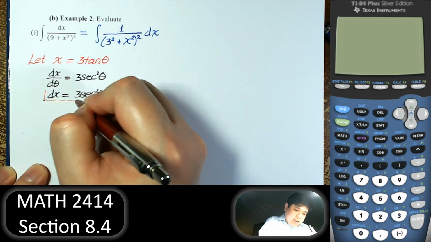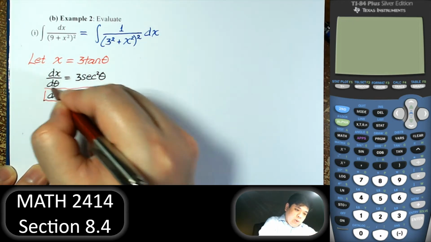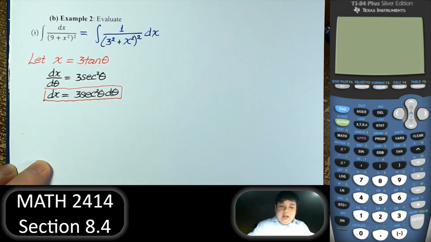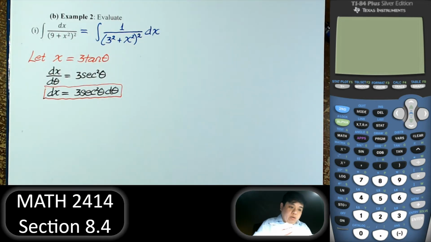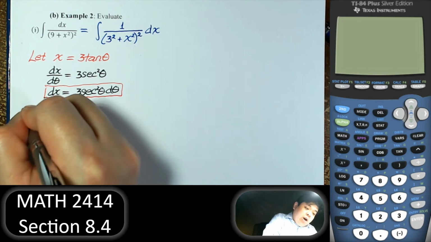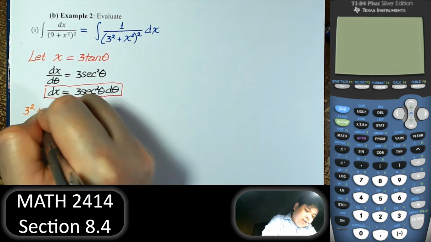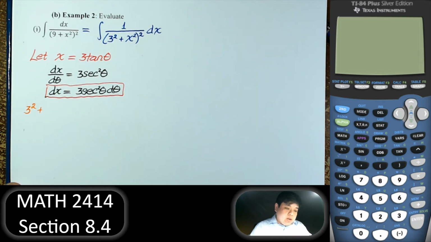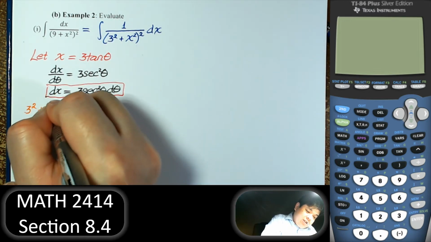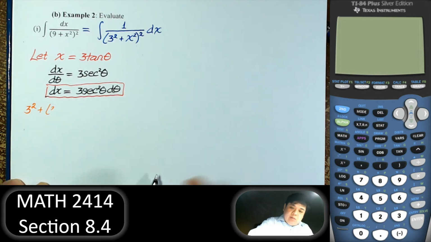So that is dx. We can substitute in here for dx. Now the 3 squared plus x squared, we can rewrite that as one trigonometric expression. x is 3 tangent theta. Just x squared first.